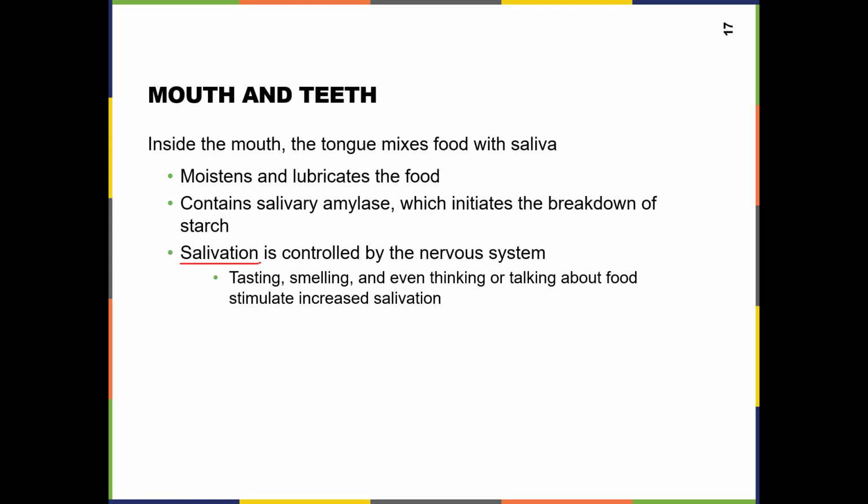Now, the production of saliva is called salivation, the release of it anyway. That's controlled by the nervous system. And a famous Russian scientist did some studies on salivation, specifically in dogs, and his name was Pavlov. What he did was he rang a bell every time he fed his dogs, and then he started ringing the bell without feeding them, and they started salivating, and they knew that there was food.